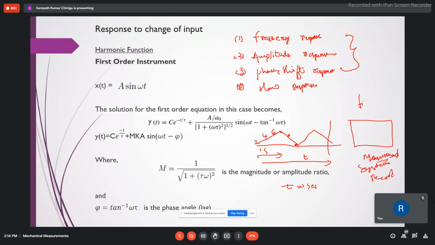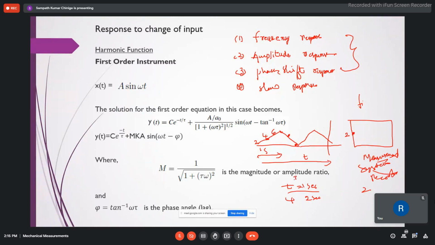At the first time, t equivalent to 1 second, is it showing anything? At 2 seconds, it may be showing 2.